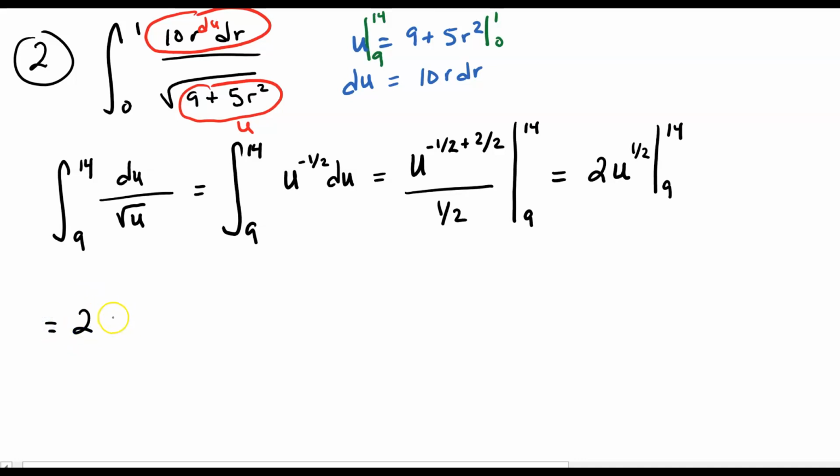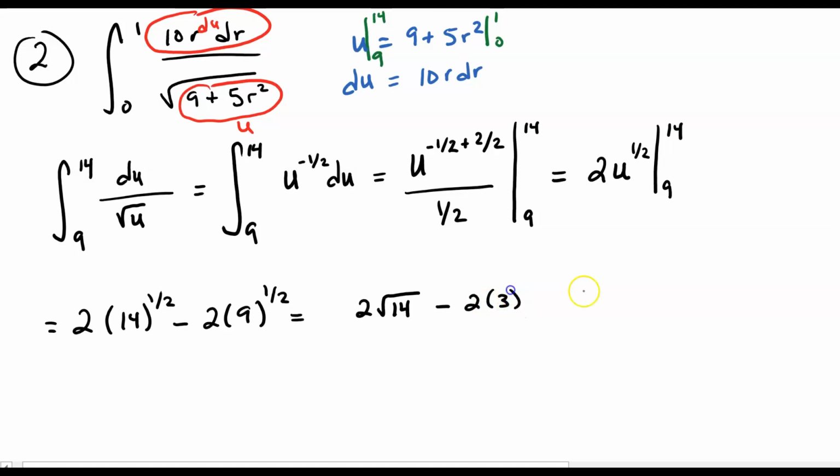This is 2 times 14 to the 1/2 power minus 2 times 9 to the 1/2 power, which is a no-brainer because you end up with 2 square root of 14 minus 2 times the square root of 9, which is 3, so 2 times 3.